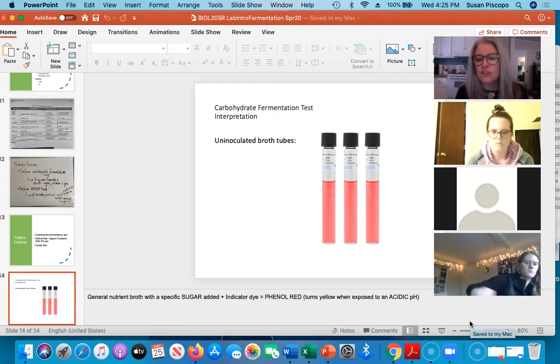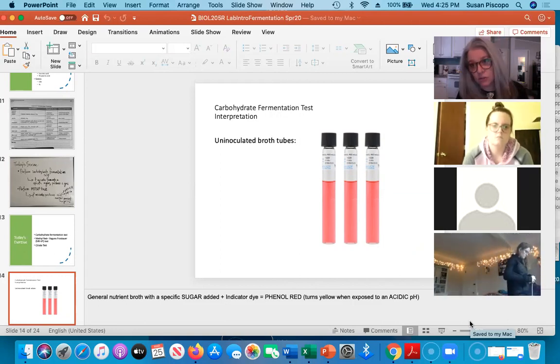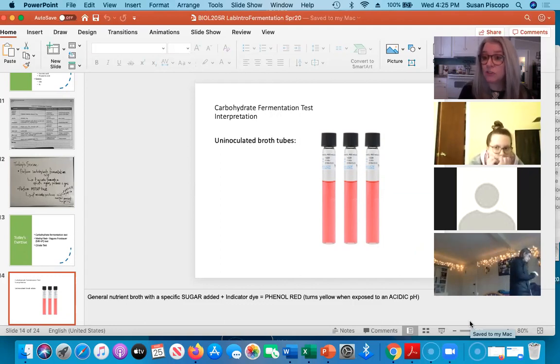So this is just a general nutrient broth that we add a particular sugar to. Like you might add glucose to it, or you might add lactose to it. You choose which sugar you want to offer to the microbe to see if it can ferment it. The indicator dye inside the carbohydrate fermentation test is called Phenol Red, and Phenol Red looks red to begin with.